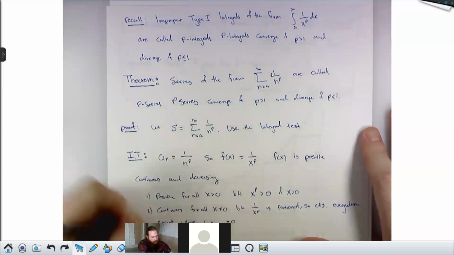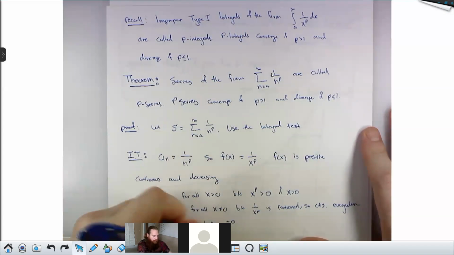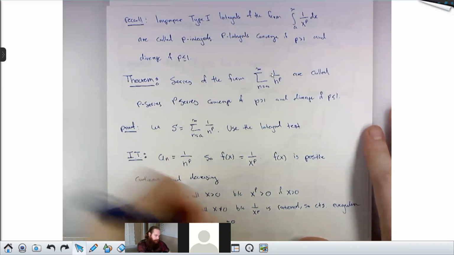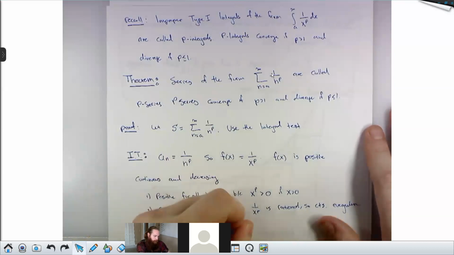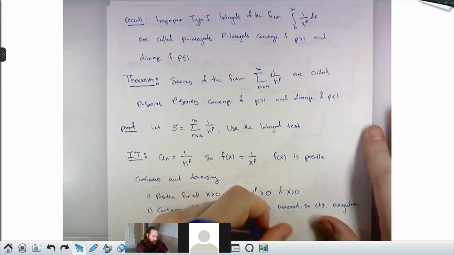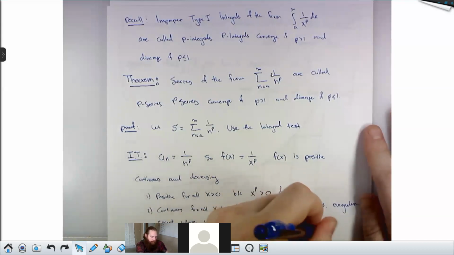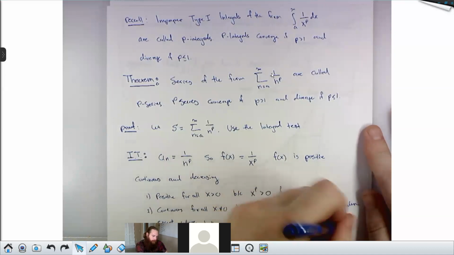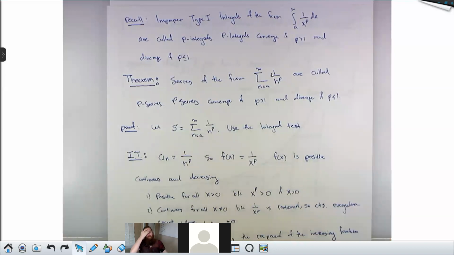And decreasing because 1 over x to the p is the reciprocal of the increasing function x to the p, right?